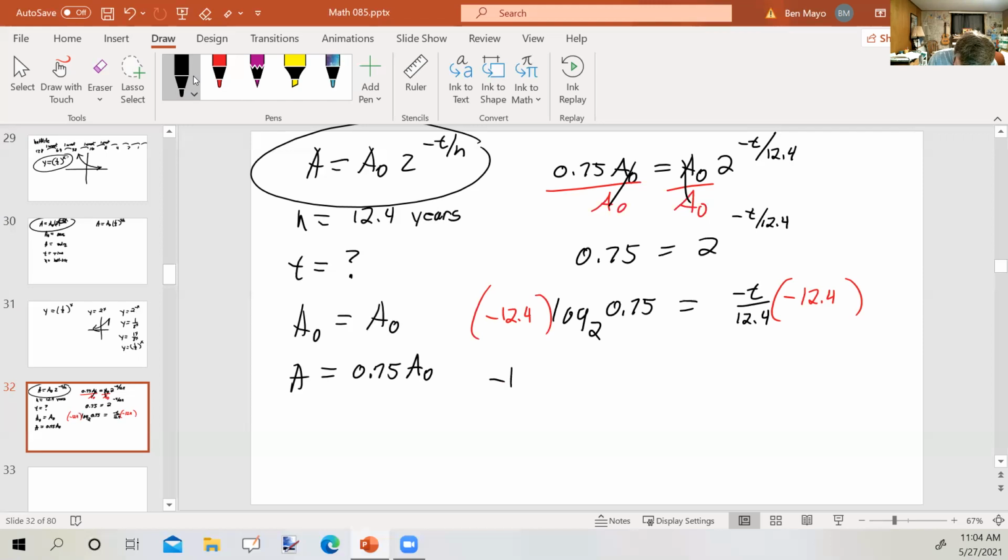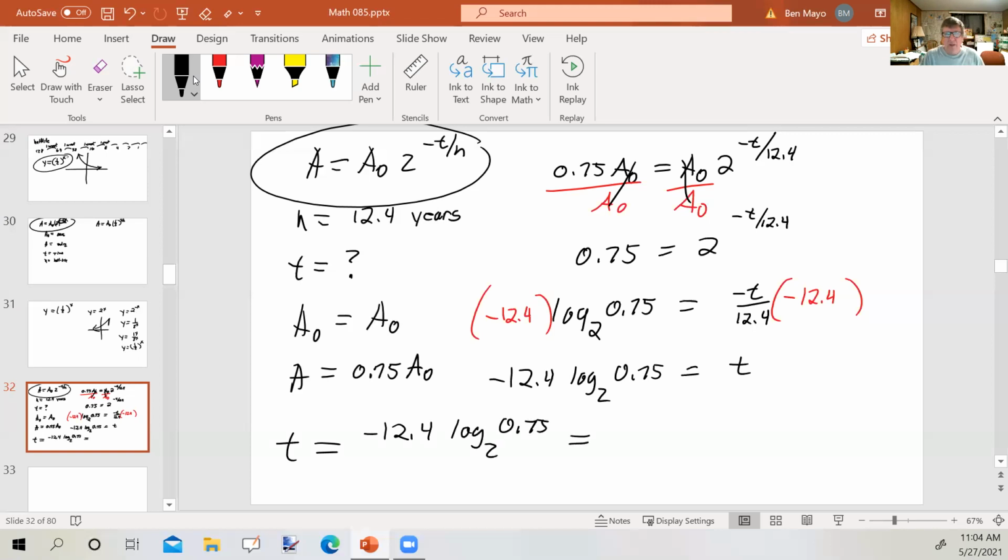So now I've got negative 12.4 log base 2 of 0.75 equals t. I'm going to rewrite that with t on the left side: t equals negative 12.4 log base 2 of 0.75. All that's left to do is use the change of base formula. So it becomes negative 12.4 times the log of 0.75 divided by the log of 2.